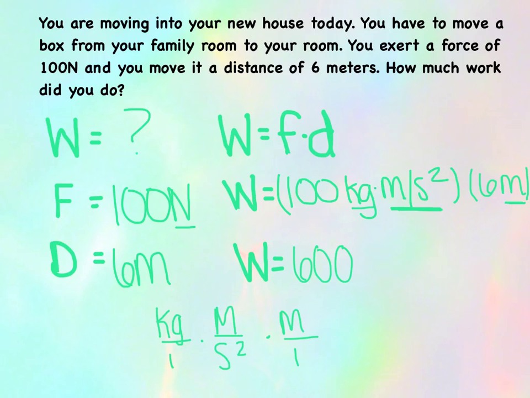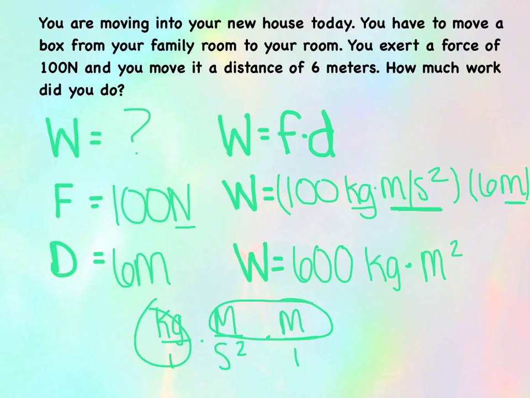Okay, so now that you put that all over here, then you can figure out what the unit is. So since kilogram is by itself, you want to put that here first, and then you want to look at the algebra, and you see there are 2 meters over here, so that's meters squared since there's 2 of them.